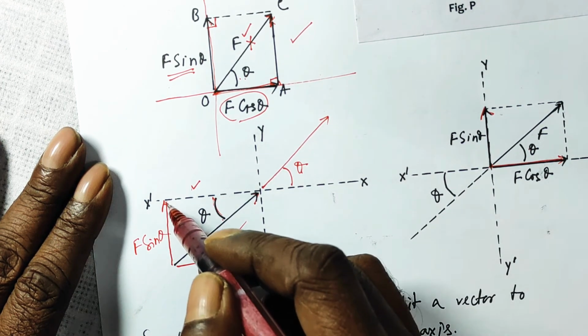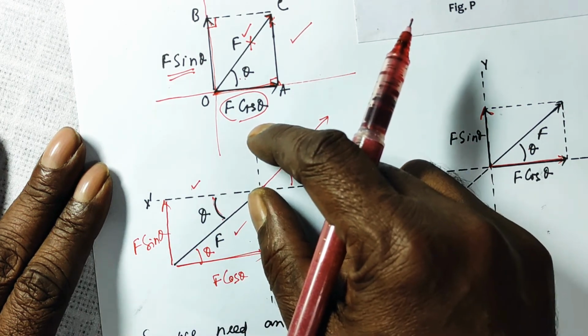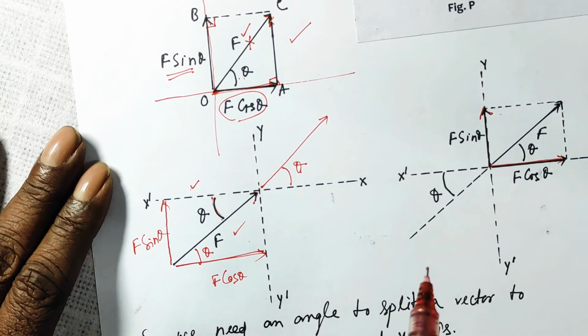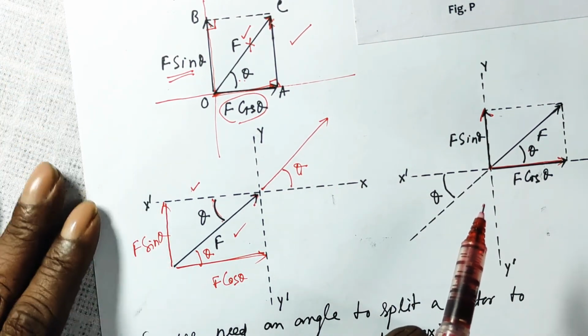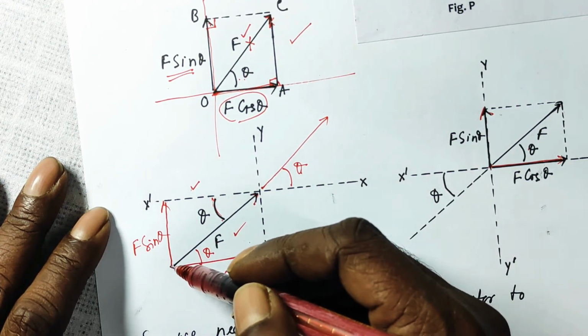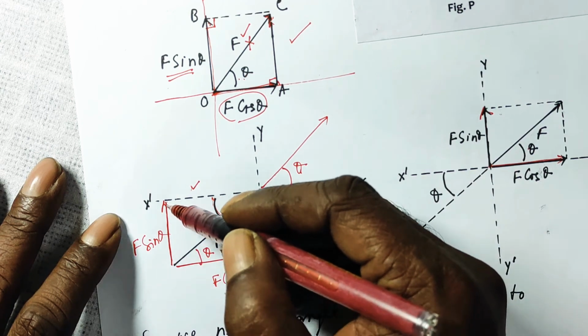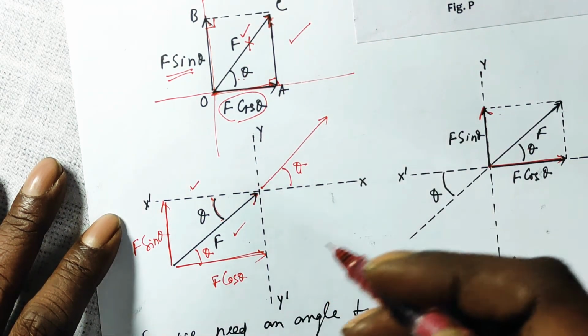And this F sin theta is along the y-axis, so you can shift it from here to here, because in vector analysis we know that as long as you don't change the length of the vector, means you are not changing the magnitude, and as long as you are not changing the direction, a vector can be shifted anywhere in space.